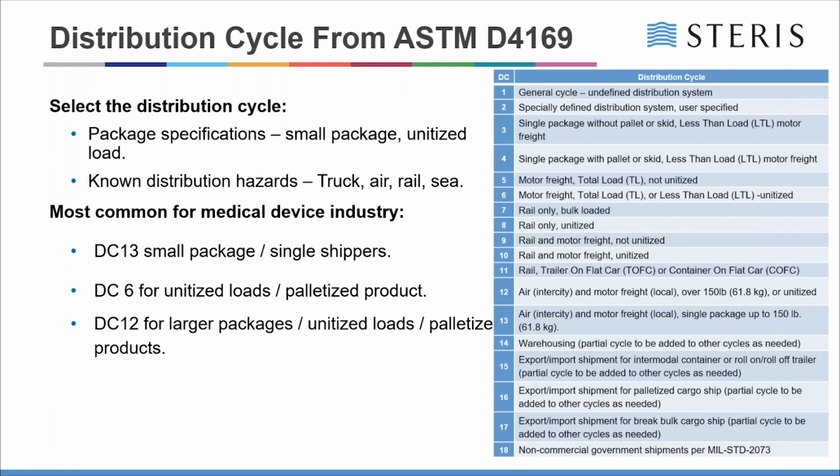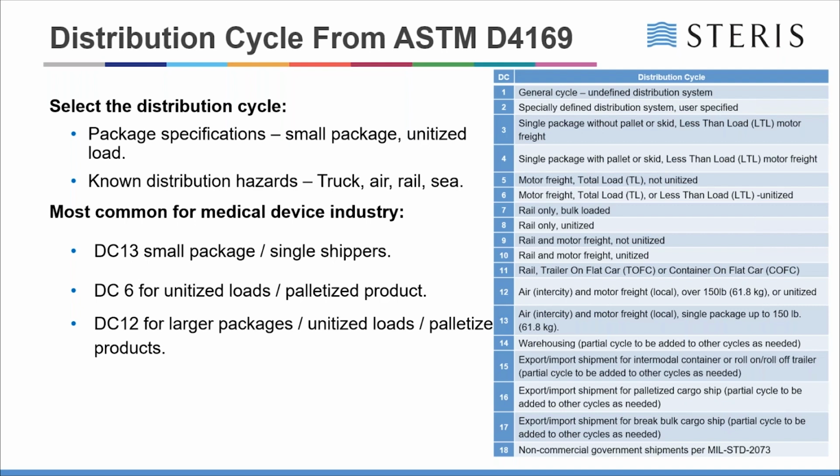In the standard itself, you have 18 different distribution cycles, and the most typical ones that are used will be distribution cycle 13 for small packages or single shippers, distribution cycle 6 for unitized loads or palletized product, and distribution cycle 12 for large packages or unitized loads or palletized products.